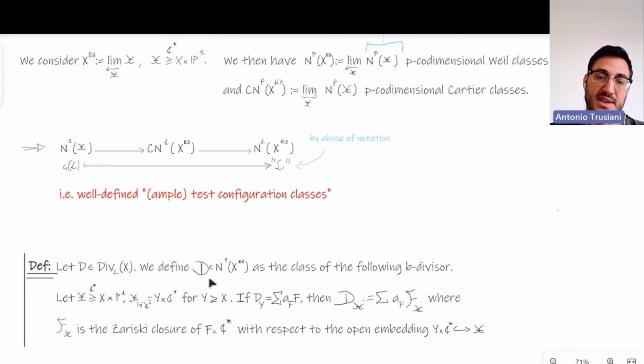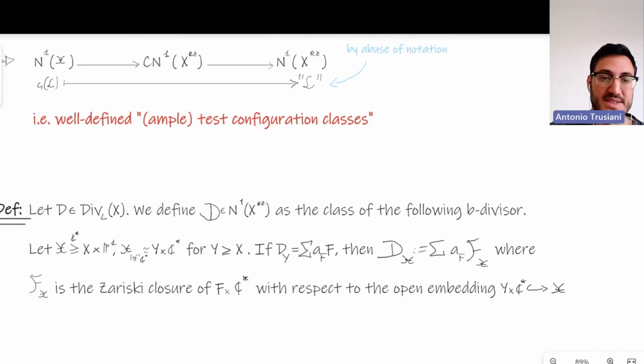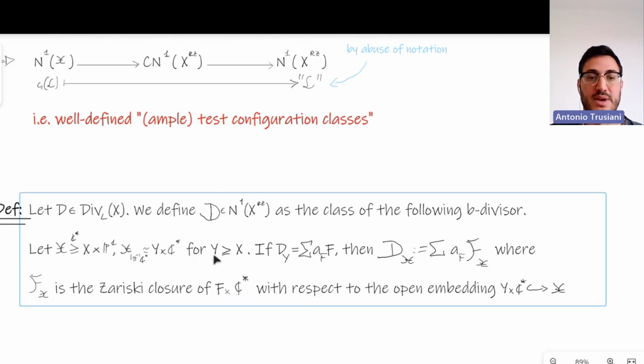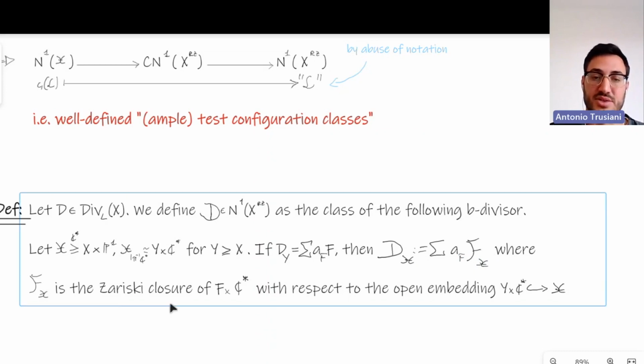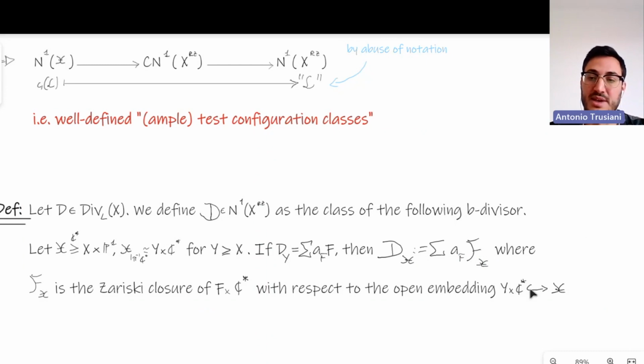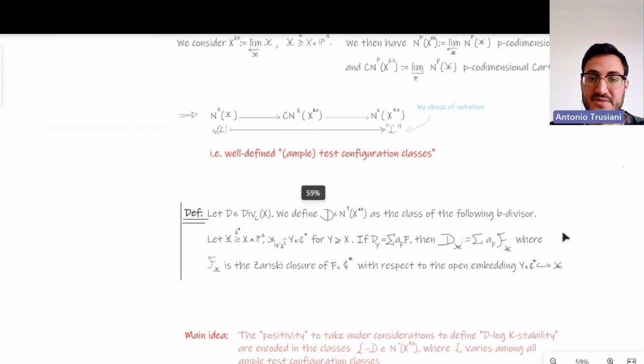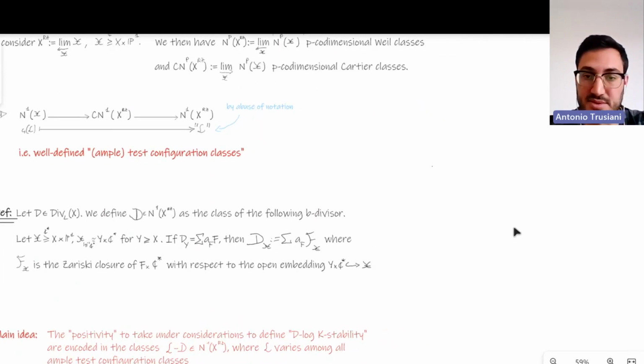We need to define the incarnation calligraphic D on calligraphic X. So we pick calligraphic X that dominates X cross P1, and by the C star equivariant property, calligraphic X over C star is isomorphic to some Y cross C star, where Y dominates X. And then if D_Y, the incarnation of D at level Y, is given by this sum, then it's natural to define calligraphic D on calligraphic X as the sum of a_F times calligraphic F, where this divisor is just given as the Zariski closure of F cross C star with respect to the open embedding of Y cross C star in calligraphic X. This is very natural.